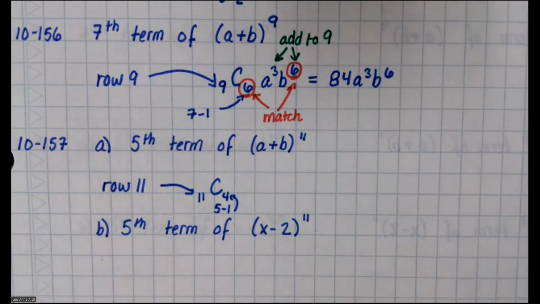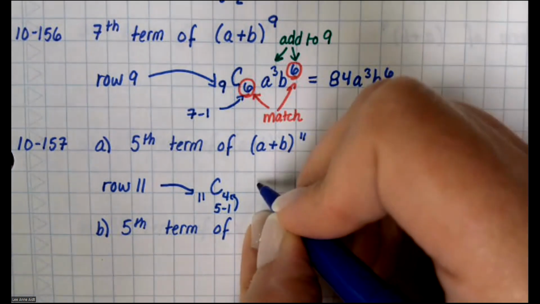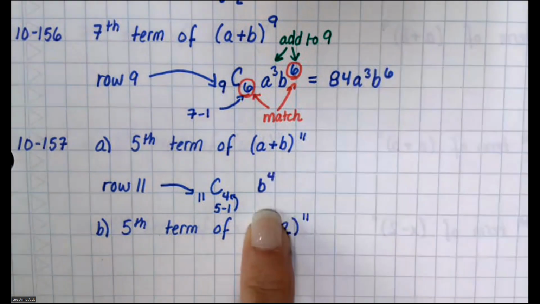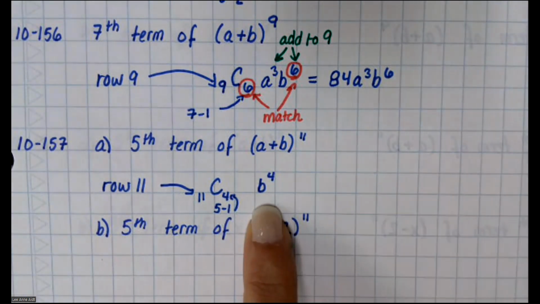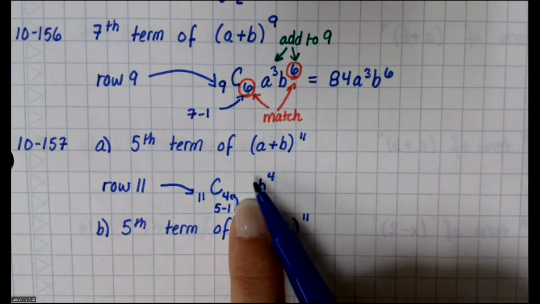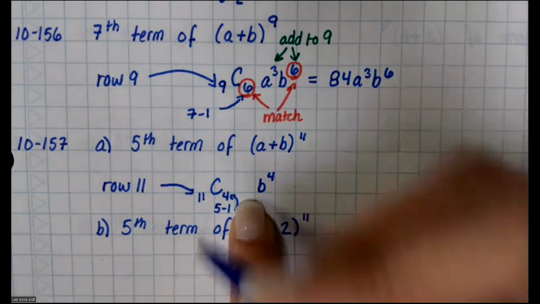Okay, next, you go to the back seat thing. The back seat thing is going to have the same exponent as R in your NCR. And your front seat thing, its exponent is going to have to add to the total of 11.